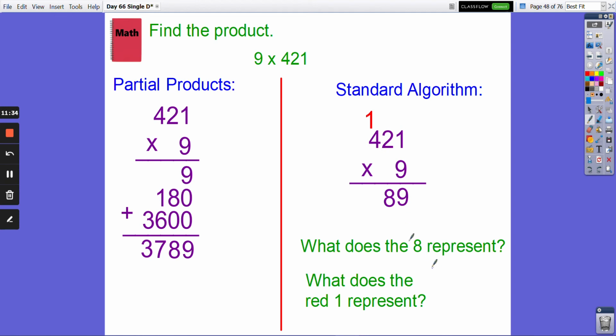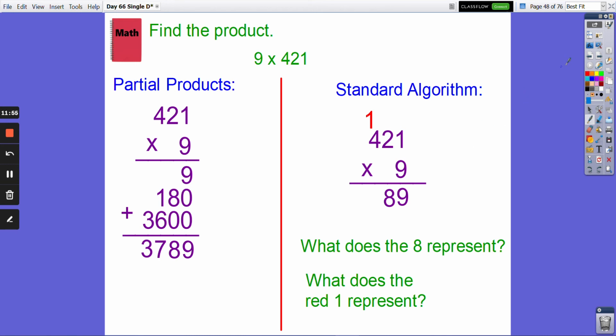Okay, what does the 8 represent that I wrote down here? Well, that 8 represents 8 tens, right? Because the 2 is in the tens place. Now the 1 is in the hundreds place. So this 1 represents 100.